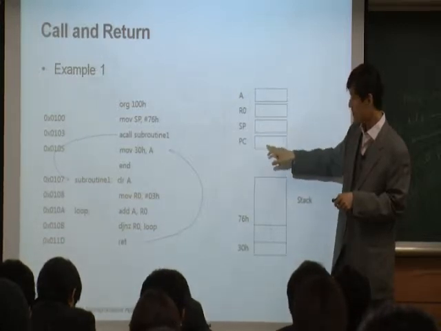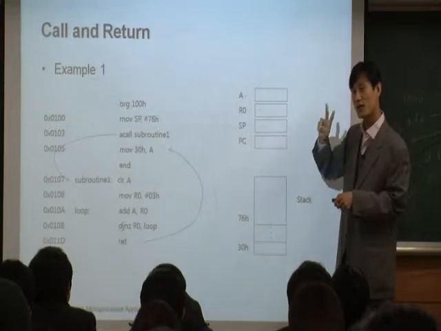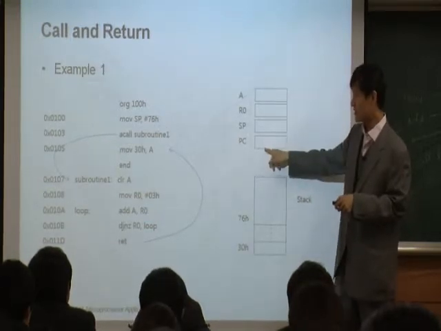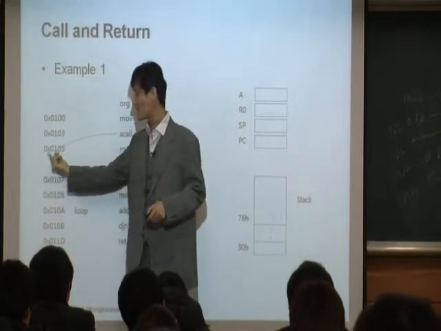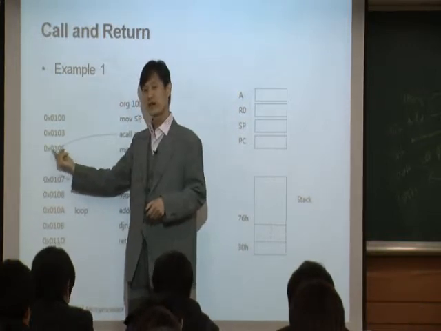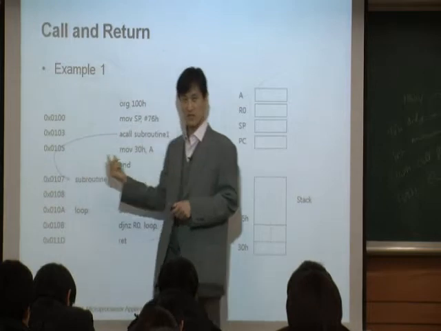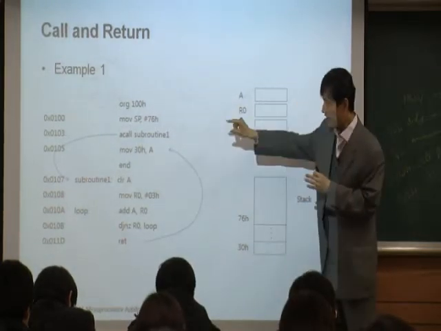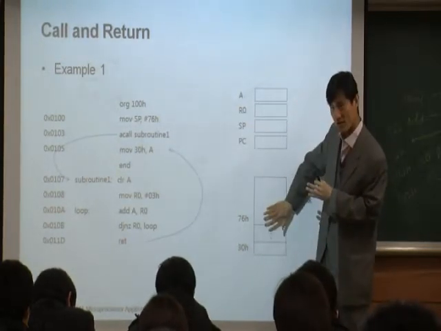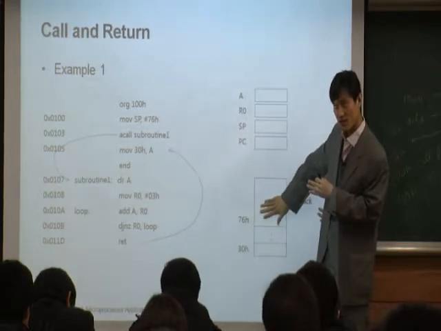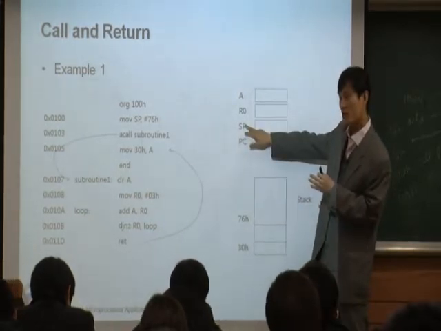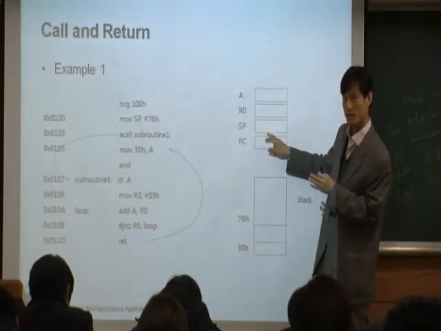Why? Because my value in here is 2 bytes. 105 is 2 bytes, not 1 byte. You need 2 bytes to keep this value. So 2 bytes go to 76, 77, and the stack pointer now becomes 78.